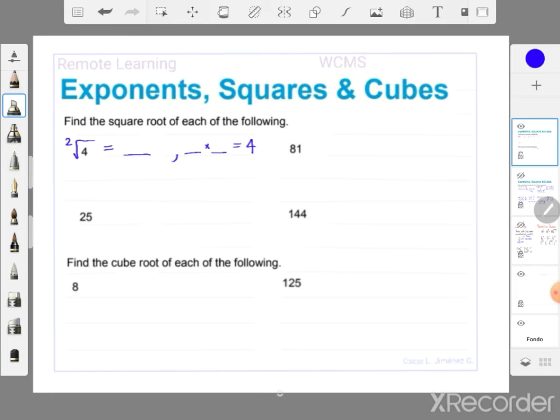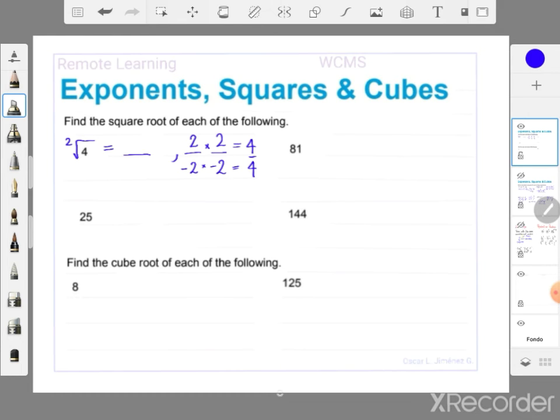Let me show you. The first number is 2, because 2 times 2, 2 multiplied by itself, equals 4. And also you have the number -2, because -2 times -2 will be +4.